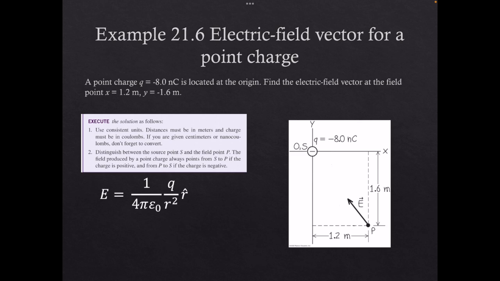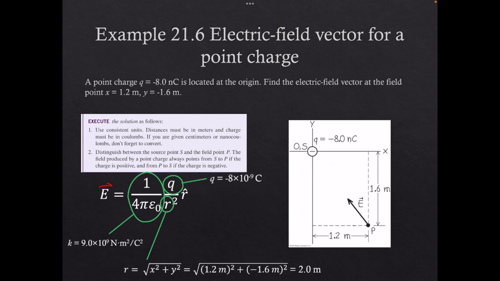There's a little hat missing there. Let's get our magnitude and plug our numbers in. What's r? r is the distance from the source to the field point. So that's going to be the hypotenuse of this triangle right here. We can use the Pythagorean theorem to get the length, which is 2 meters.